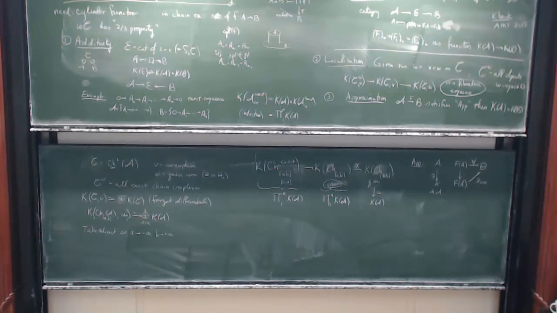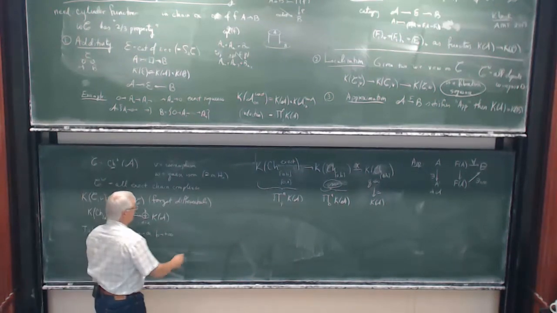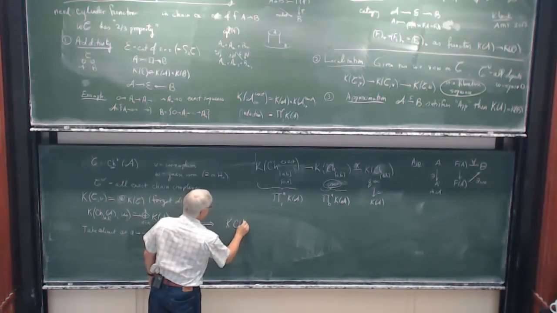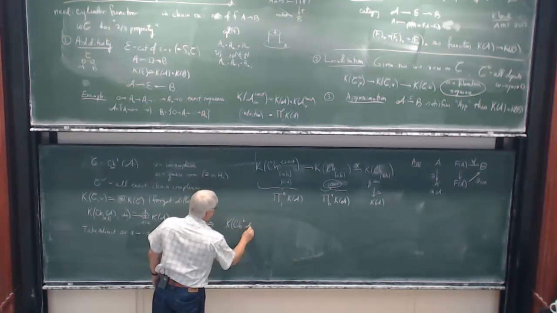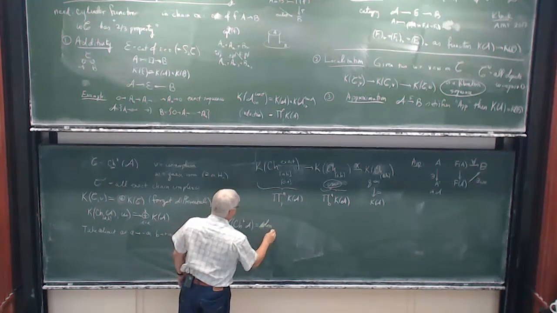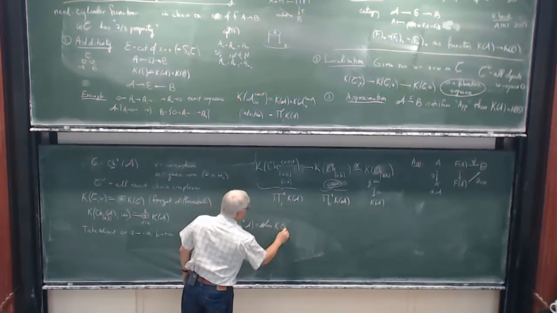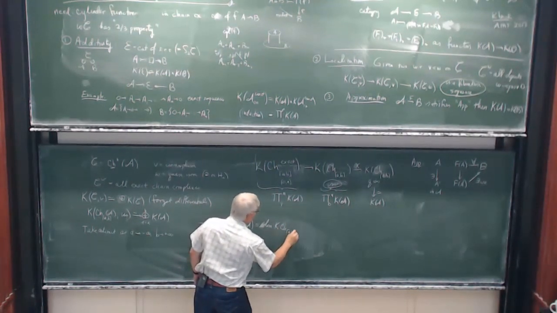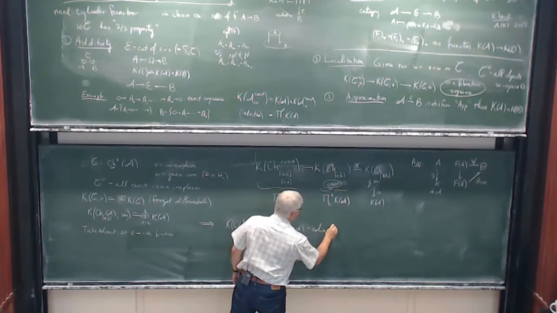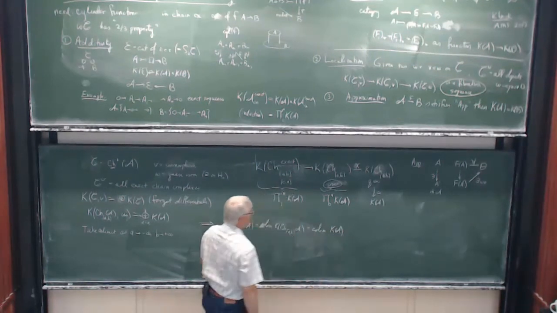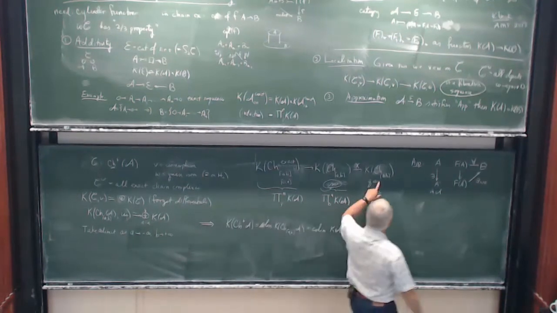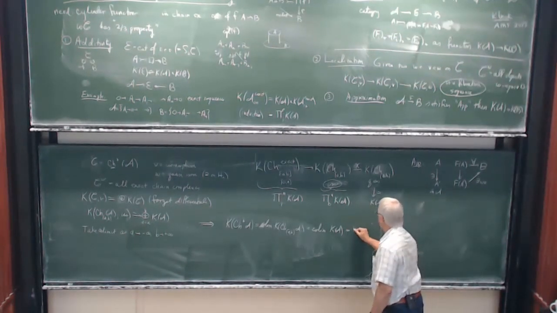So this is a filtered co-limit, and when you do that, what you end up with is the K-theory of the bounded chain complexes on A. So this is the co-limit of the K-theory of the chain complexes which are going from A and B on A, which is the co-limit of a bunch of things which are homotopy equivalent to the K-theory of A, but all of these are the same, and so you get the K-theory of A.